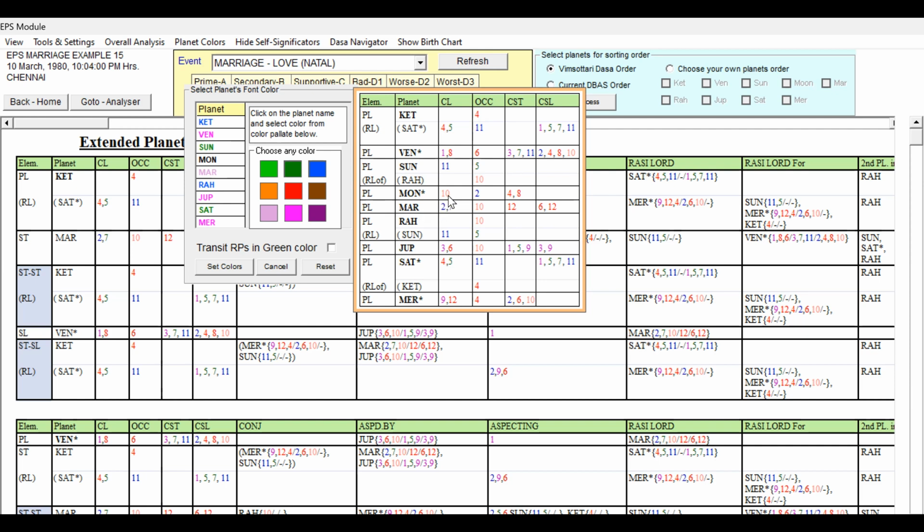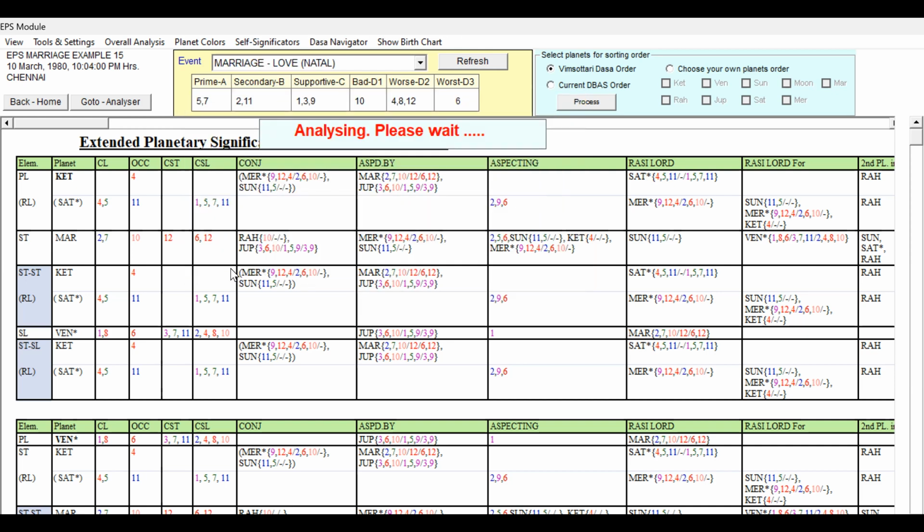Moon is 10th lord occupying second house and 4, 8 star lord. So this is also mixed only because the second house is good. It is mixed one. So many planets are having mixed ones. Let us see. When we study level wise, we will see which is comparatively better based on the grouping of the houses.